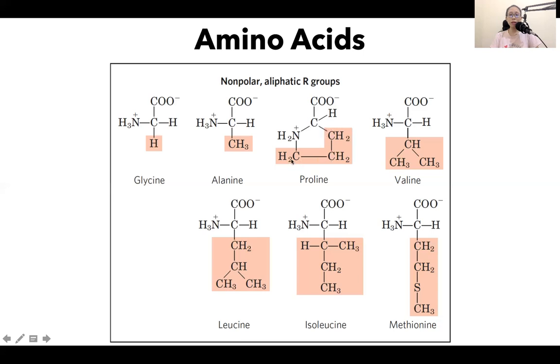So it's the only amino acid in our list of 20 common amino acids that has an imino group. And this structure of proline has actually a very significant consequence in the structure of proteins. So you will learn about that more when you discuss proteins.